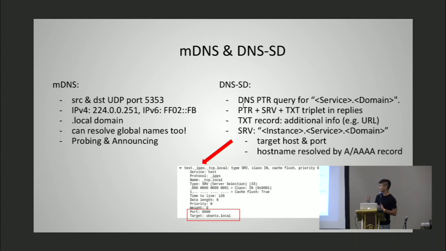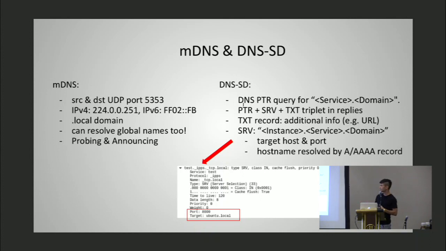A few things about mDNS. First of all, it works on UDP and uses port 5353. It's easier to remember because DNS uses 53. Multicast addresses, you can see them there for IPv4 and IPv6. It uses the .local domain, so whenever you see .local in Wireshark, you can easily realize this is mDNS.